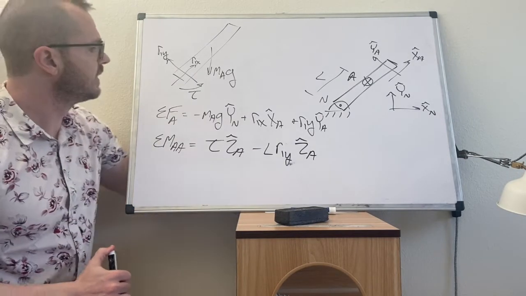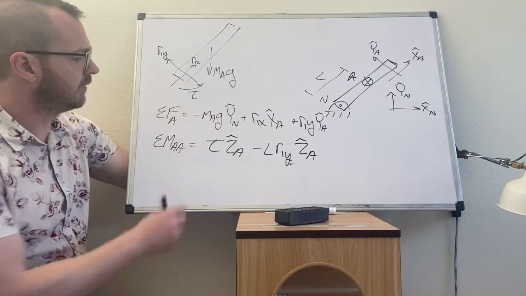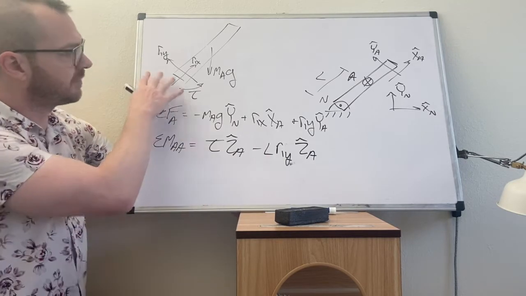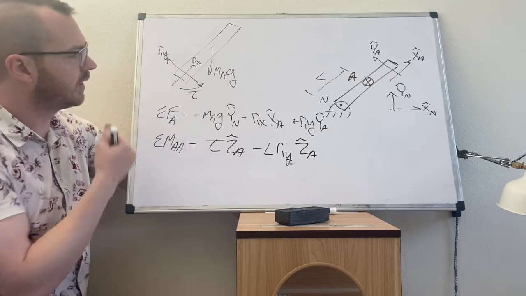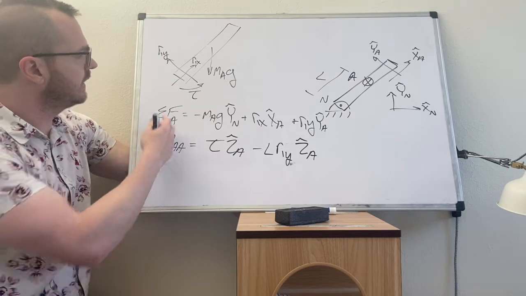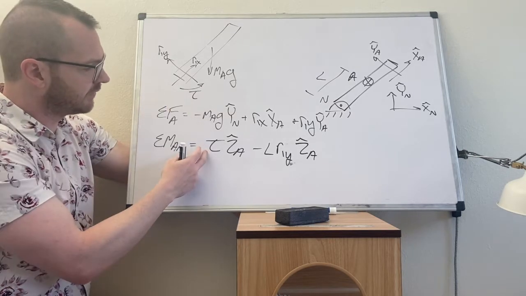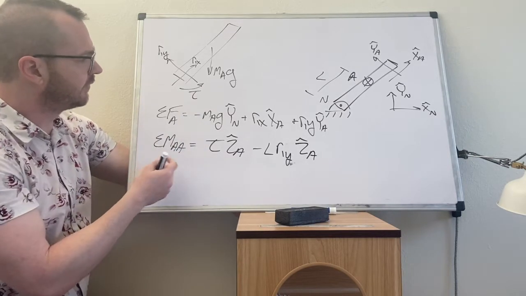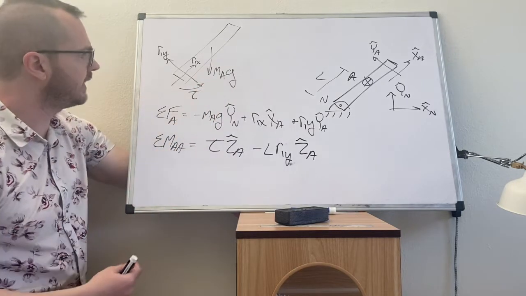Now, can we confirm these just by observation, just by looking at the diagram? Well, clearly we chose a positive moment for the torque, so that's generating a positive spin.